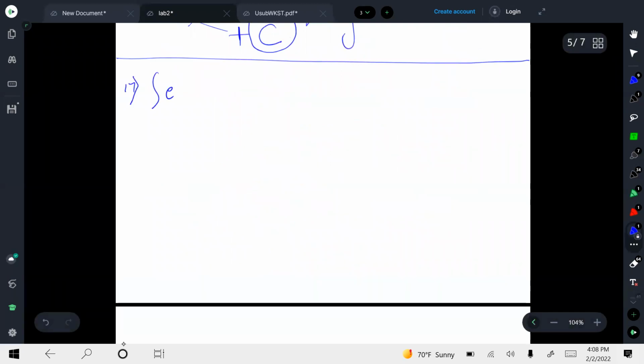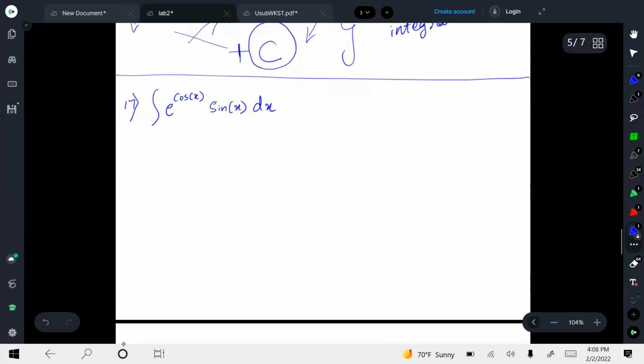Integral e to the power of cos of x into sin of x dx. Okay. Now, what can I take as u? Anyone? What was the answer? Cosine of x. Any other answers?